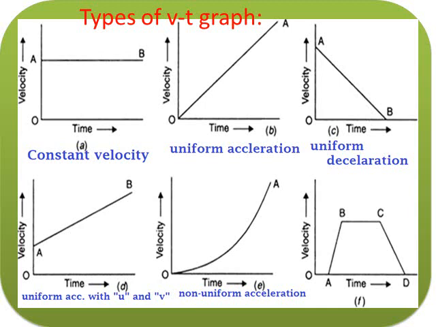And now look at the graph D. Now this line is little above the origin. So this possesses initial velocity as well as final velocity. For any moving object, we have already discussed, it has two types of velocity, initial and final.